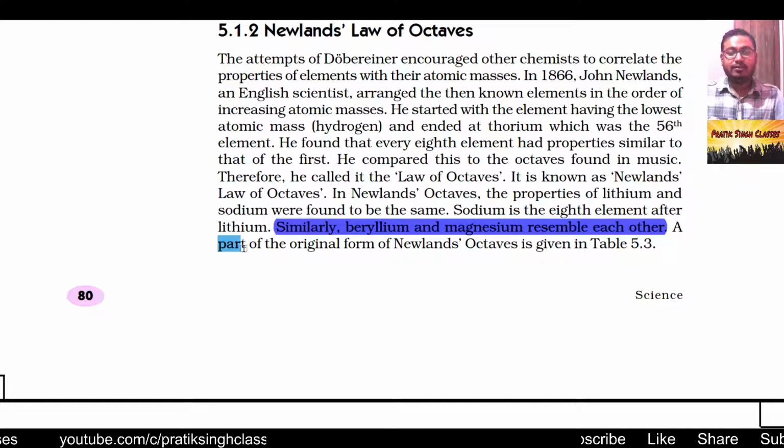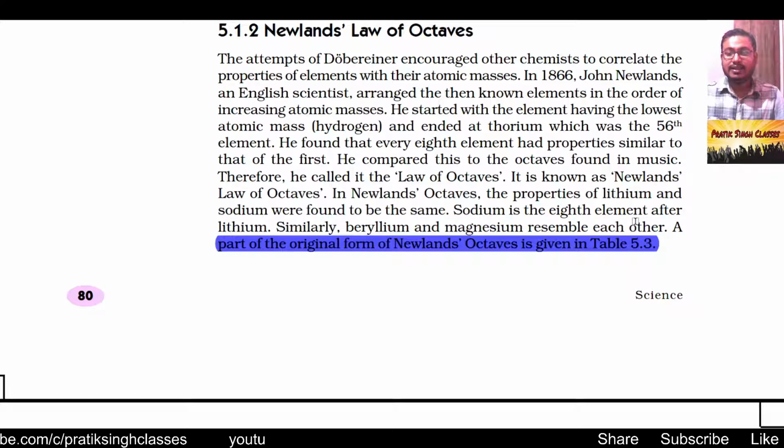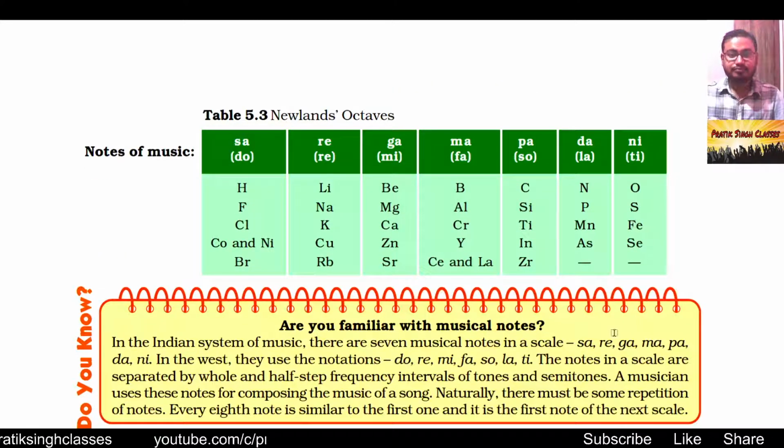A part of the original form of Newland's octaves is given in table 5.3. So let us see how he arranged the elements. As given here, do, re, mi, fa, so, la, ti are the notes of music, sa, re, ga, ma, pa, dha, ni, sa. So hydrogen, lithium, beryllium, boron, carbon, nitrogen, oxygen, fluorine.